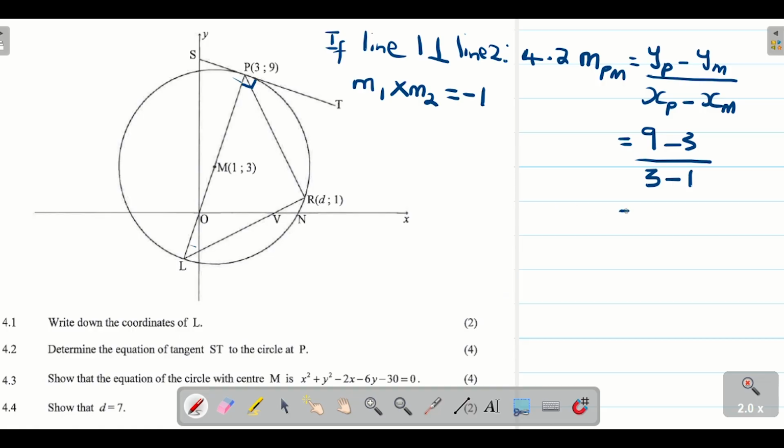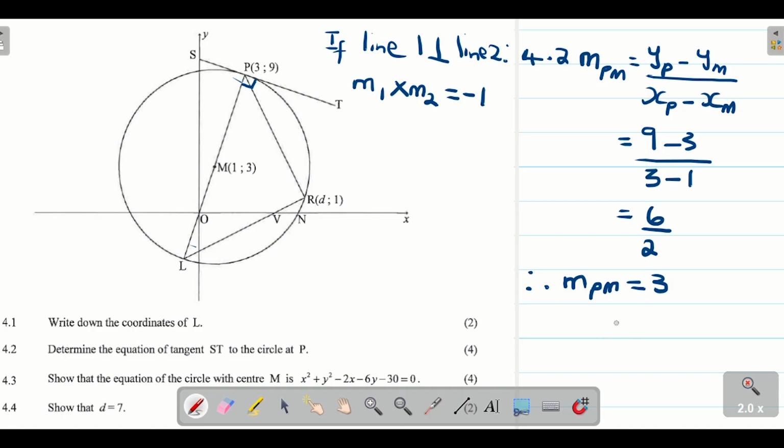So this will give us 9 minus 3 is 6 all over 3 minus 1 is 2, and this is the gradient of PM, it equals 6 divided by 2 is positive 3. So we have the gradient of line PM.